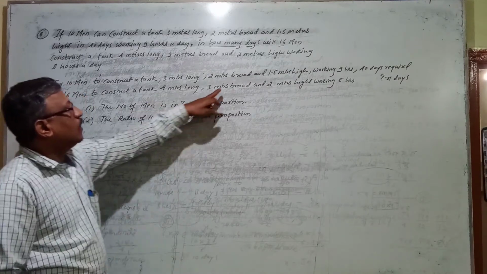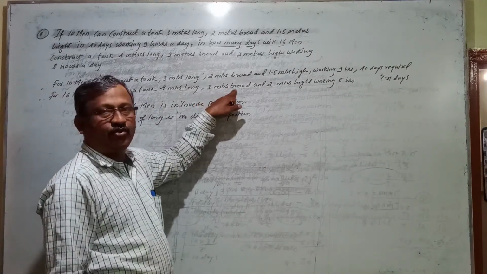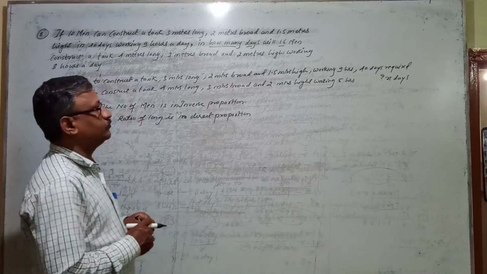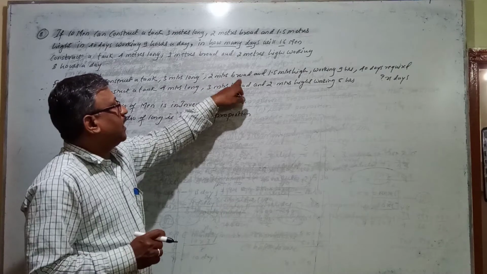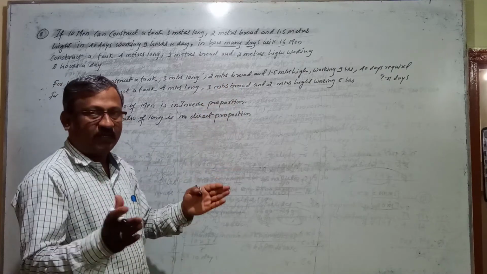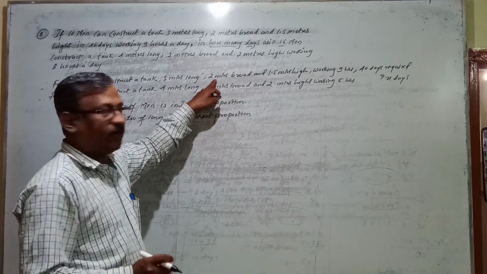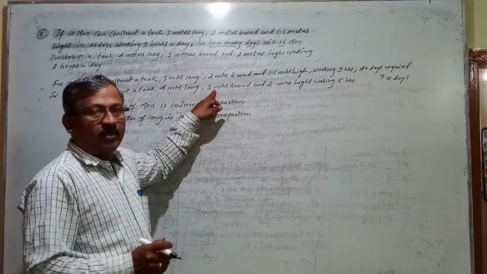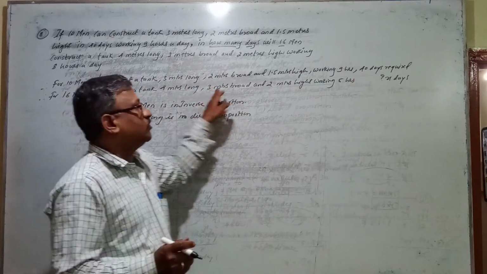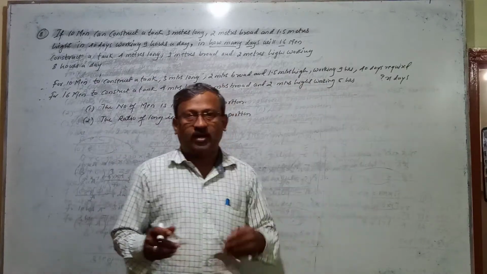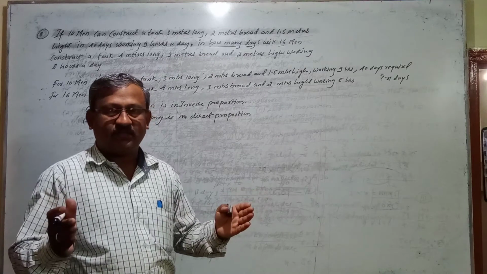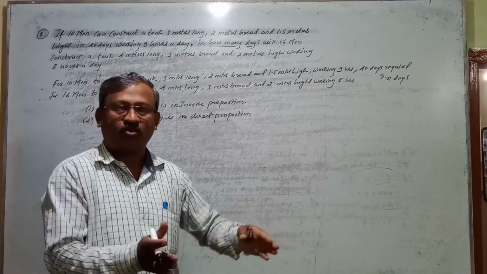Like that we have to compare the next ratio, that is broadness, the width. If the broadness of the tank is 2 meters, to construct it takes 40 days. If the broadness of the tank is 3 meters, how many days will it take, more or less? As the broadness of the tank increases, the number of days required to construct also increases.